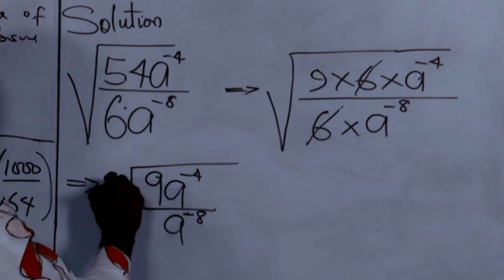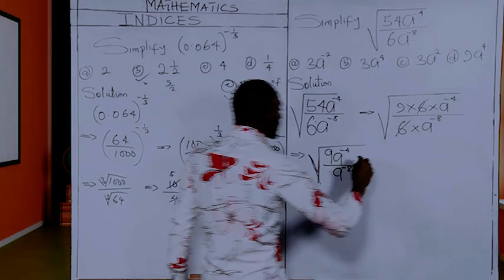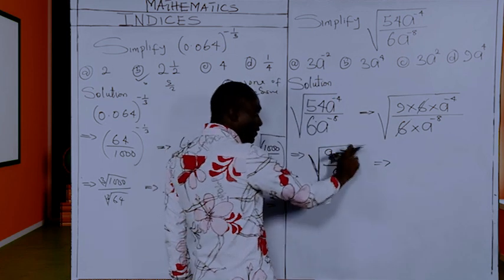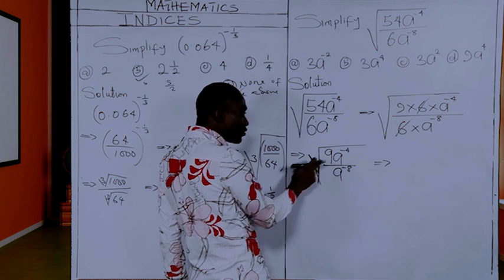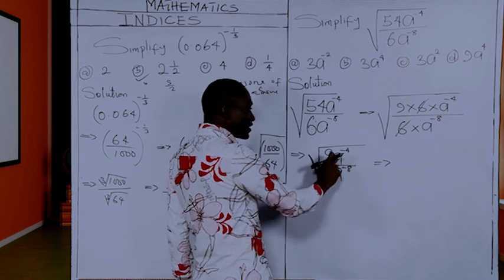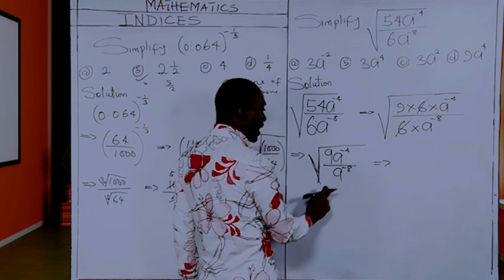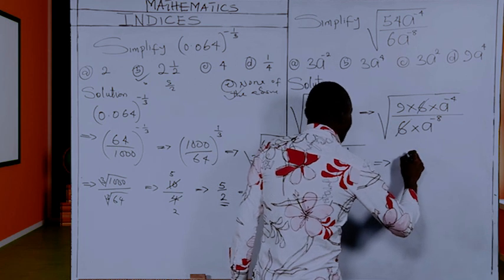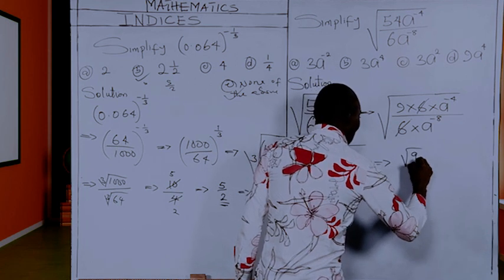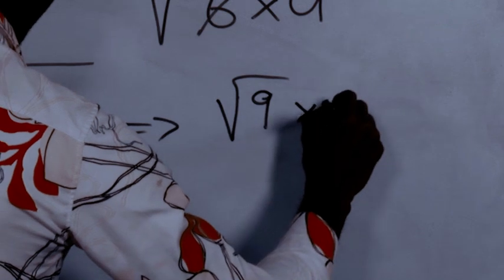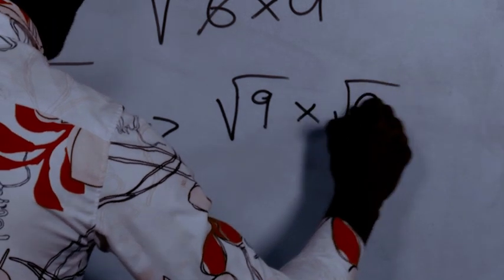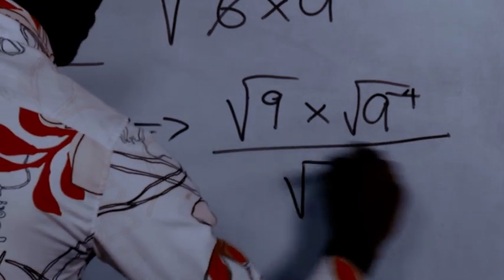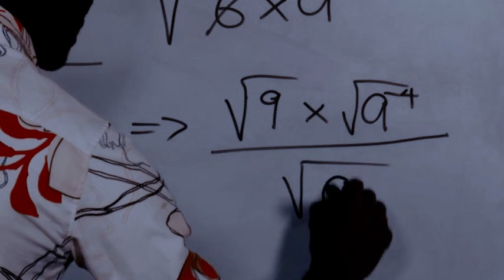It is for this 9, for this a raised to power minus 4, and for this denominator. Now I want to split it for convenience. I have the square root of 9 multiplied by the square root of a raised to power minus 4, everything over the square root of a raised to power minus 8.